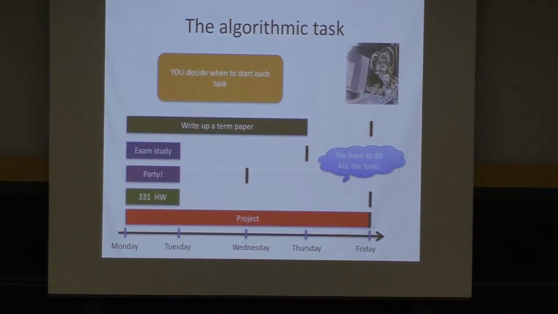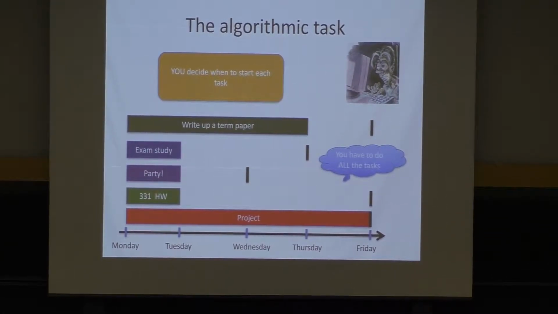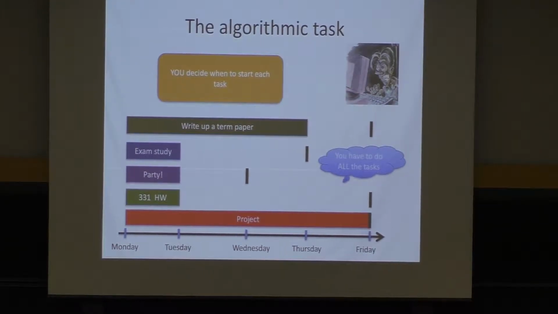So you can pick your start time, but now you have to finish your jobs. But if you look at this, there is no way you can get all of them done by the deadline, right? Because just doing the project is going to eat up all of your 5 days. So it's no longer feasible to expect, if you are doing all jobs, that you will get everything done by the deadline, which means you're going to be late for some.